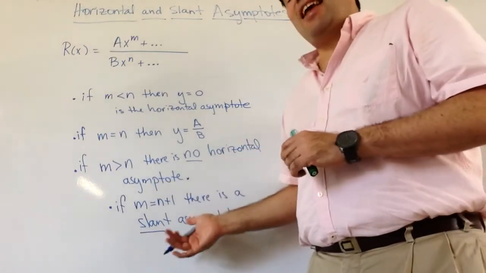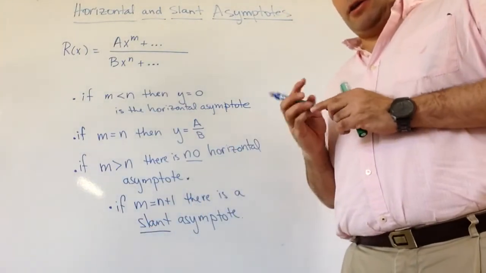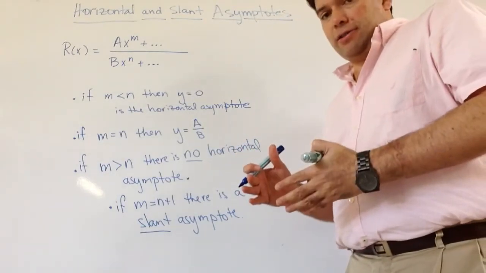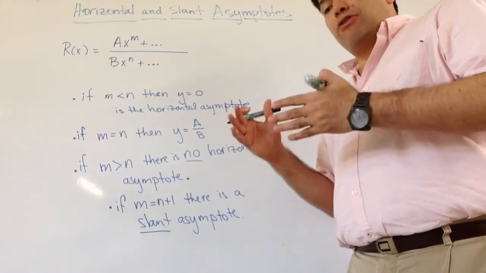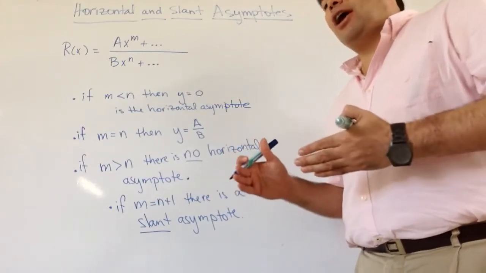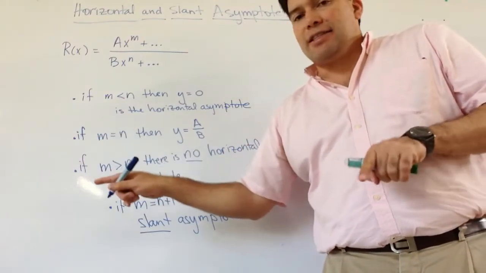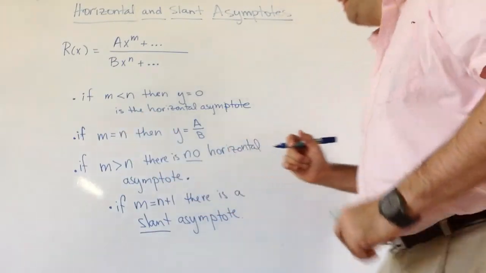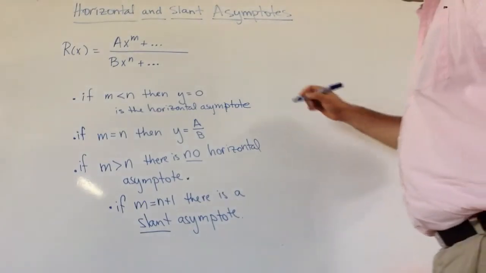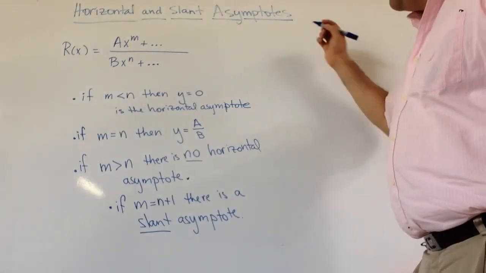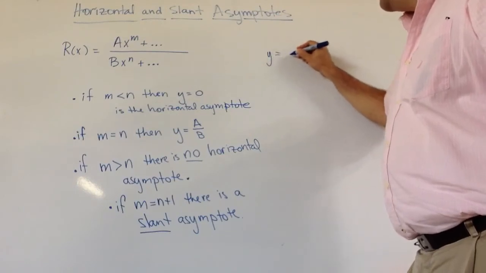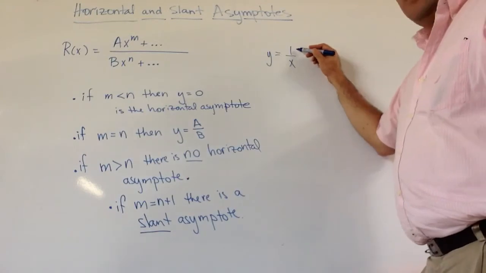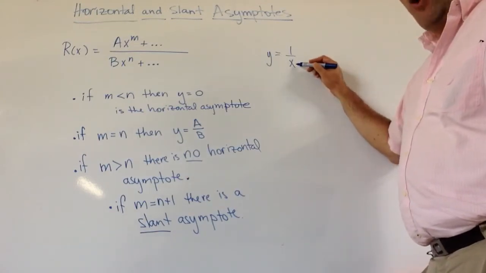Horizontal asymptotes and slant asymptotes, unlike vertical asymptotes, can be crossed. A graph can cross a horizontal asymptote as long as it doesn't do it at the ends. It can cross it in the middle of the graph, but not at the ends. For example, let's say the simple graph y equals 1 over x. The degree in the numerator is 0 and the degree in the denominator is 1.